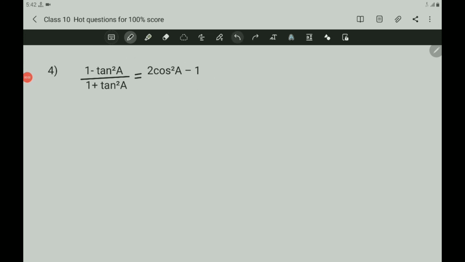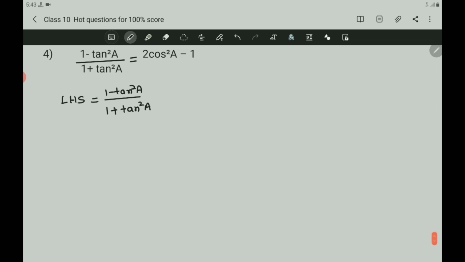1 minus tan²A by 1 plus tan²A equals 2 cos²A minus 1. Now you take the LHS. LHS equals 1 minus tan²A by 1 plus tan²A. Here you express 1 minus tan²A in terms of 1 minus sin²A by cos²A.